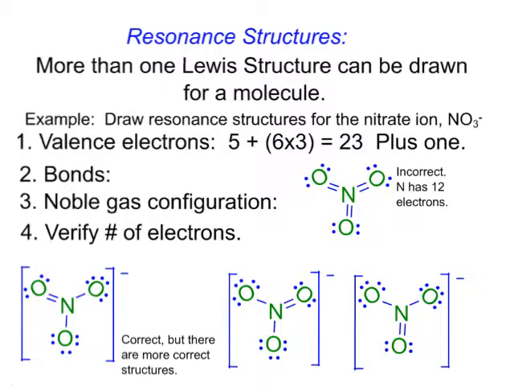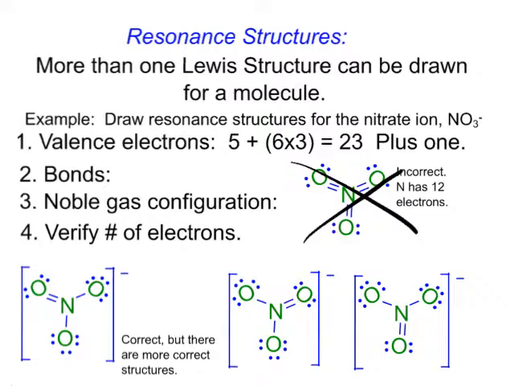It needs 8. So we're going to have to do something different than that. Once again, this is not the correct drawing, but if we come down here and we give nitrogen a single bond with 2 of the oxygens and a double bond with 1 of the oxygens, we're going to have to arrange the electrons in a way that's a little bit different in each situation.